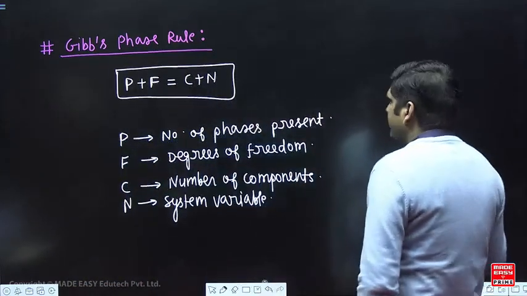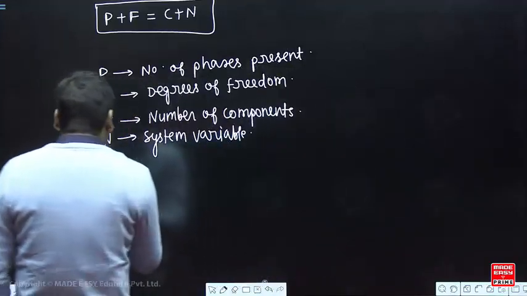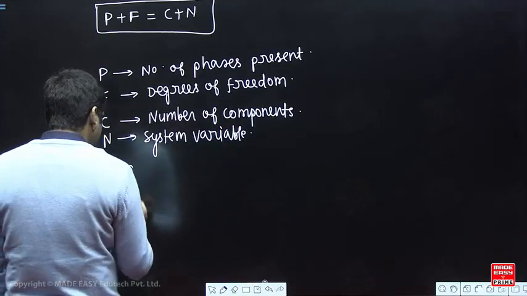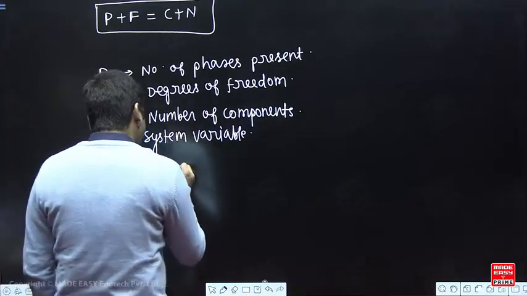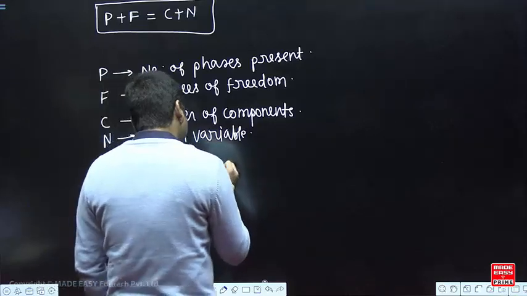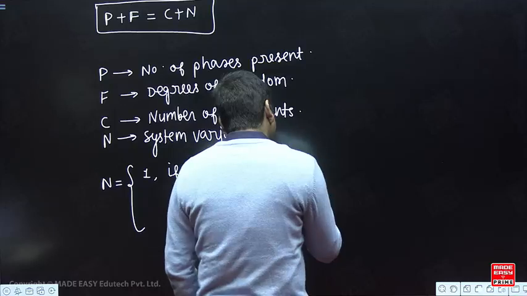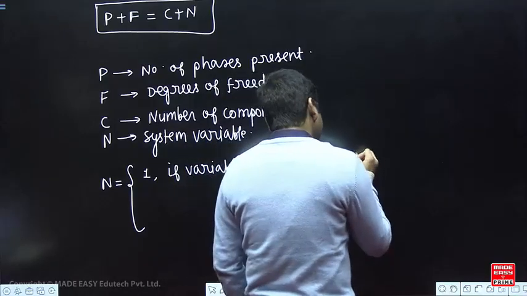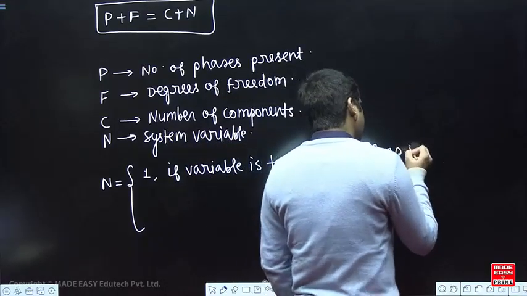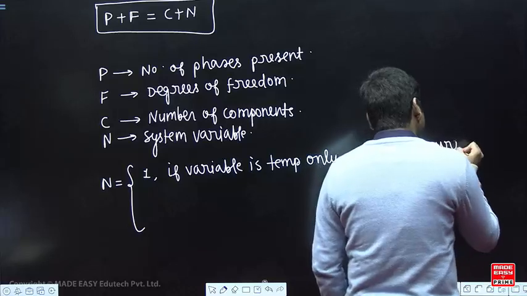The N value is already specified like this: N is equal to 1 if the variable is temperature only, such as in pure metal.